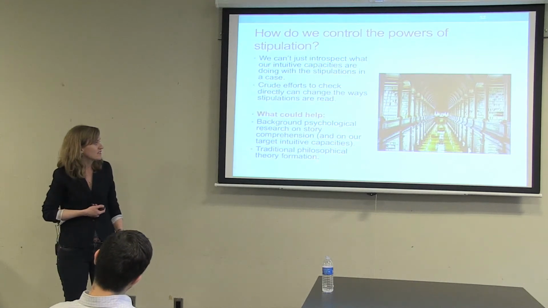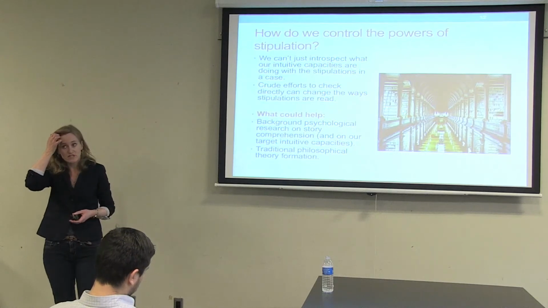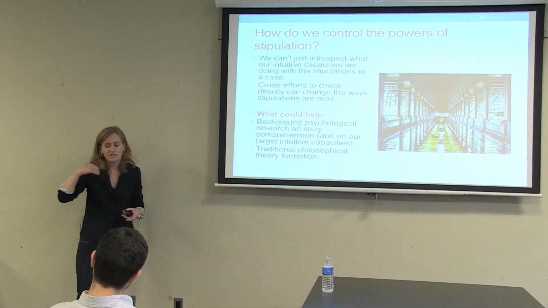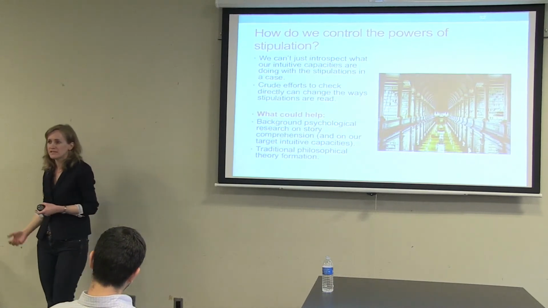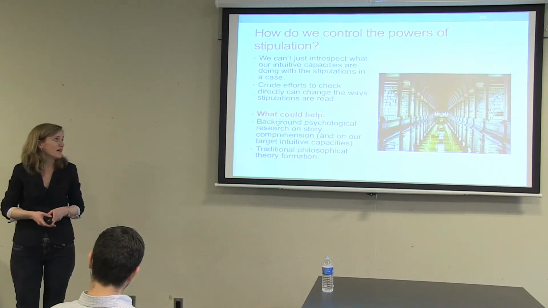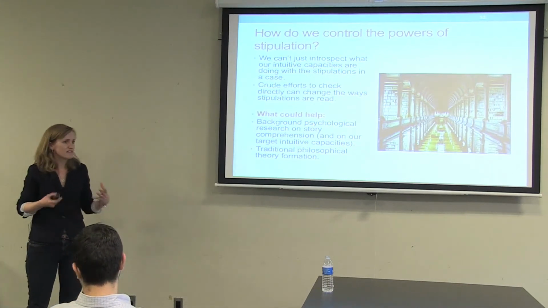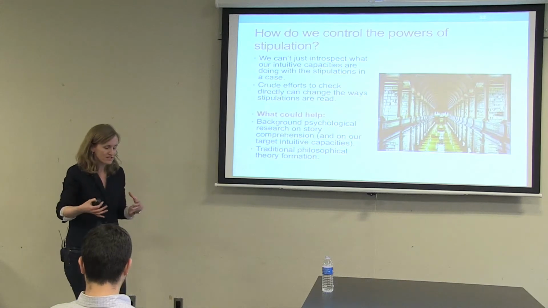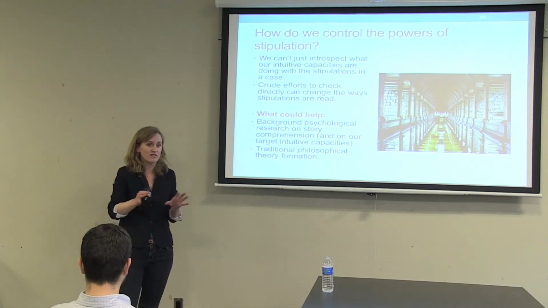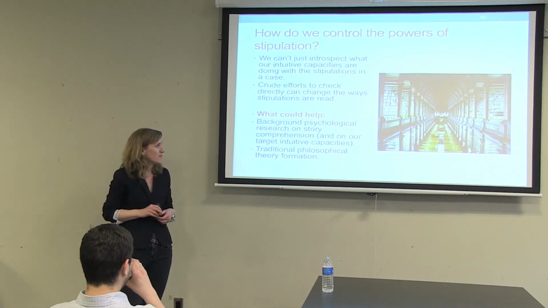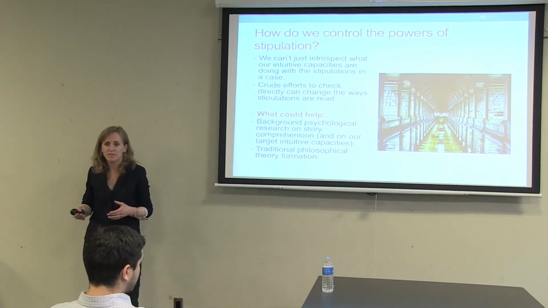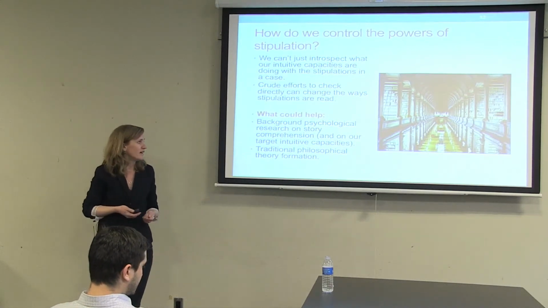And I think another very good thing is to work on traditional philosophical theory formulation, to approach the whole problem from the other side as well and ask yourself questions like, is the interest-relative invariantist theory of knowledge viable as a theory of knowledge? You can look at considerations of theoretical simplicity and unification to help guide you from that side as well.